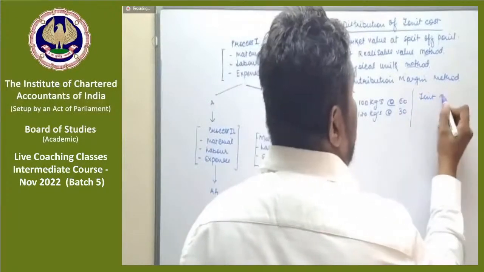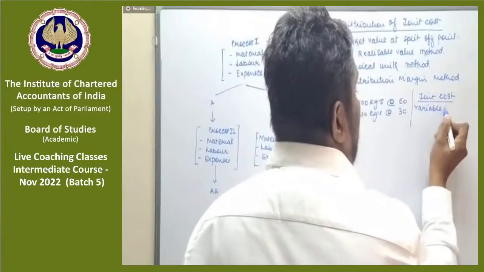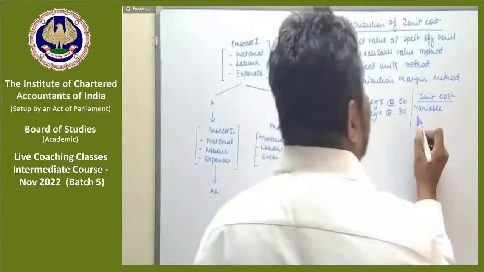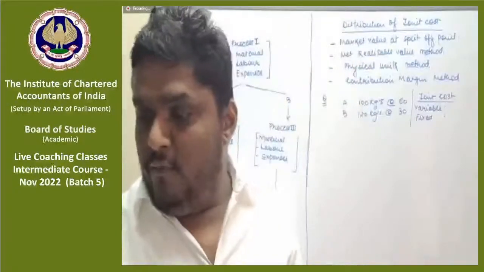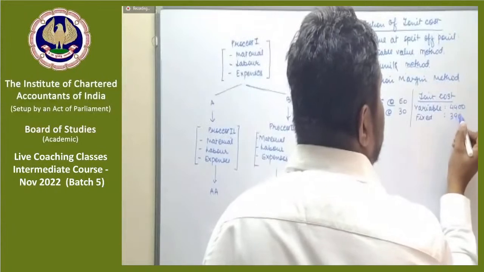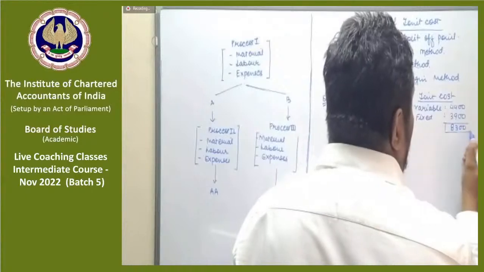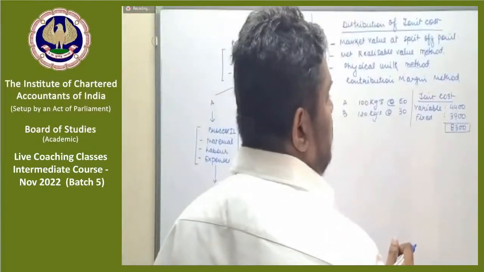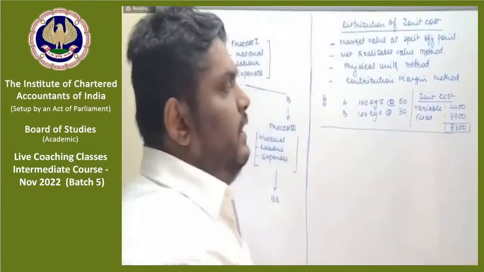Further, joint cost is given, that is variable cost or marginal cost and fixed cost. $4,400 is the variable cost and $3,900 is fixed cost. So now we have to distribute this joint cost of 8,300.